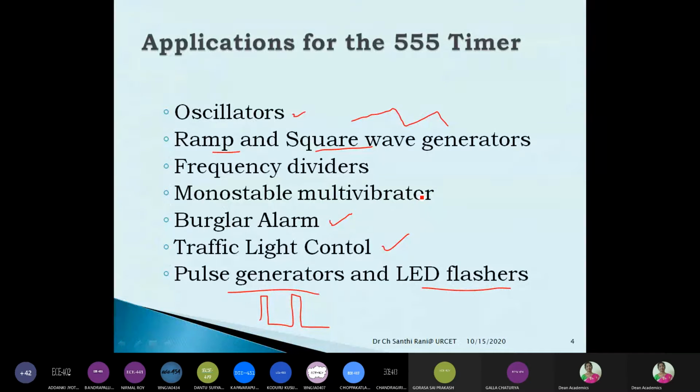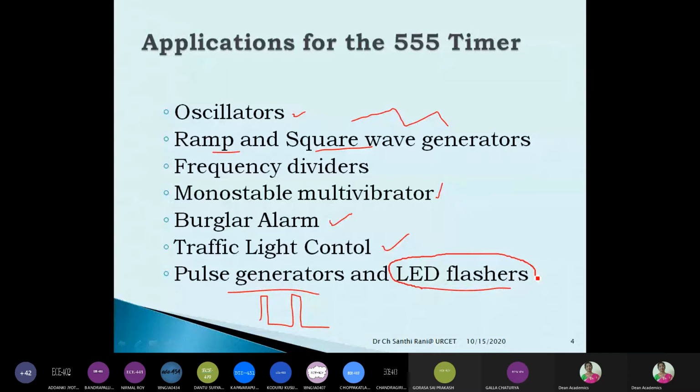Okay, so in this class we only study the features and the functional diagram of 555 timer, and in the next class we shall study 555 timer used as monostable multivibrator and its applications, and later 555 timer connected in astable multivibrator mode and its applications, right?